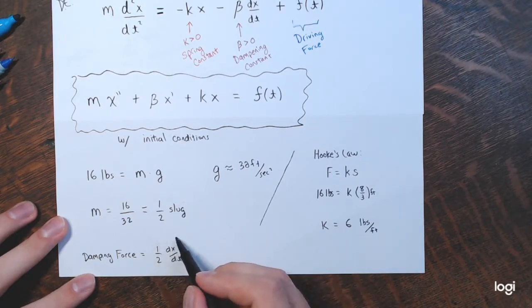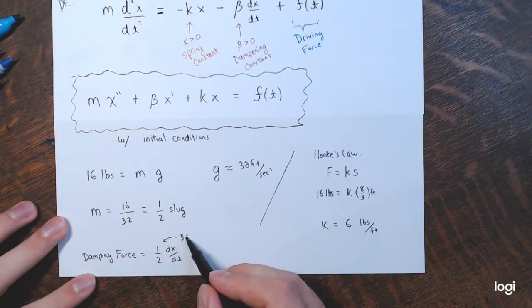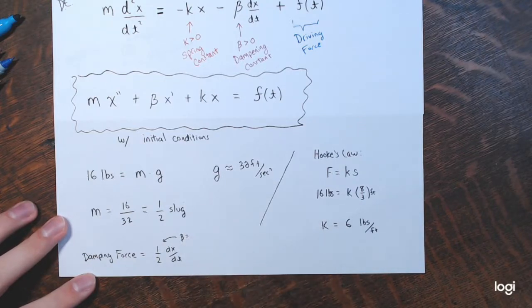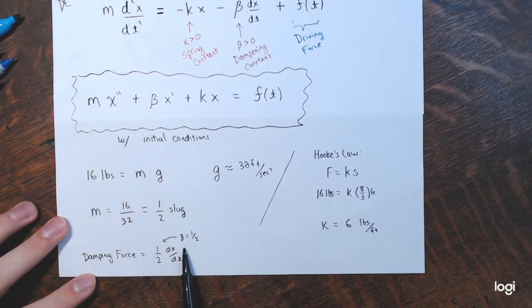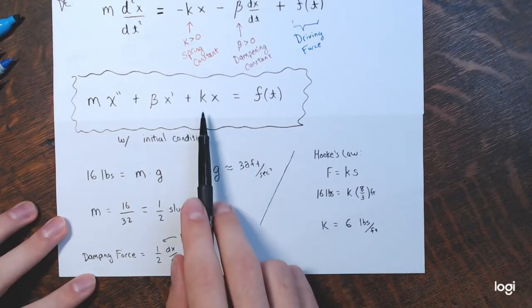So the beta, that damping constant, is 1/2. So I got half for the mass, half for beta, and 6 for k.